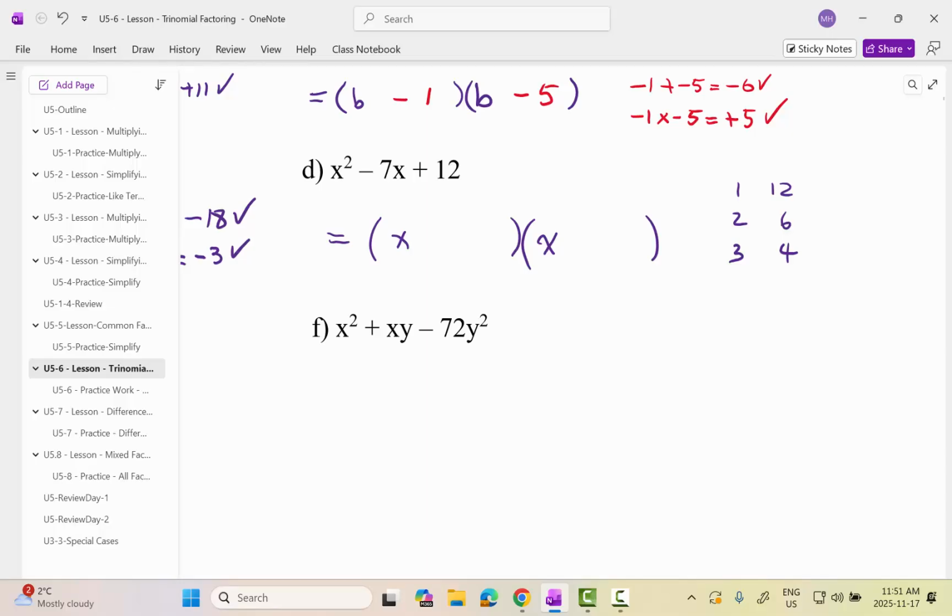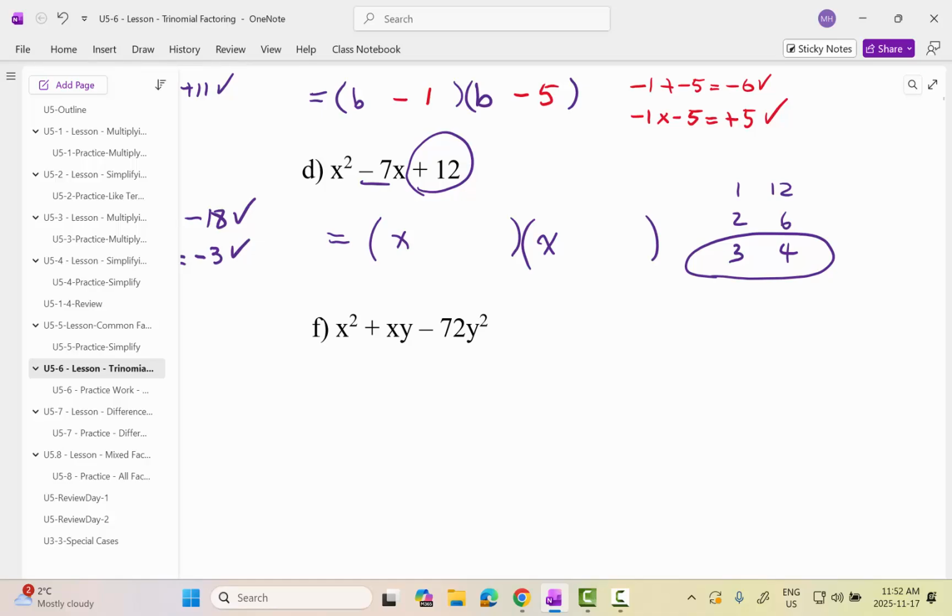All right, which pair would add up to -7? Which pair looks like you can add to -7? 4 and 3, right? Now, both have to be what? The last number is positive, so 4 times 3 has to give me a positive number.